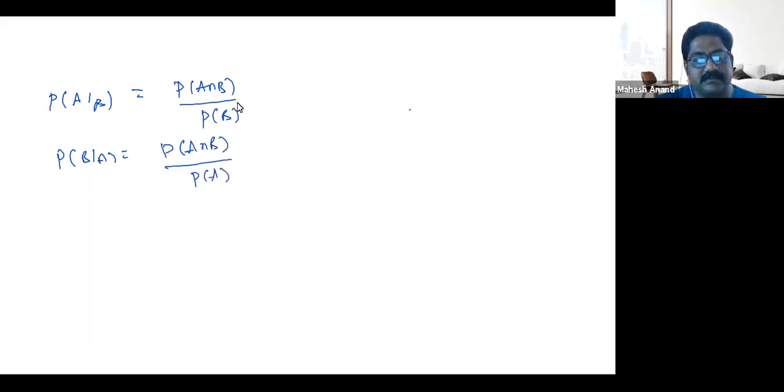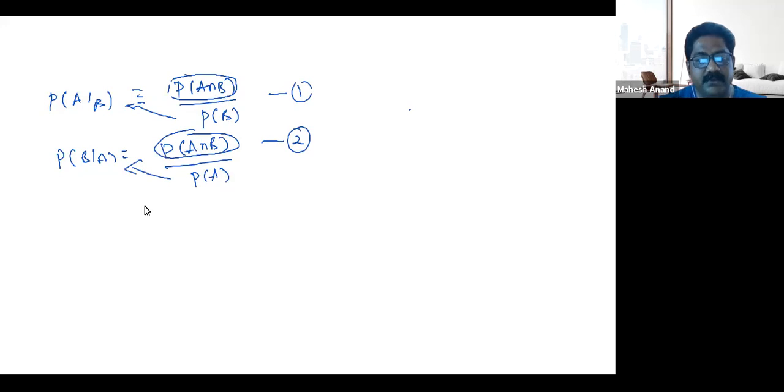P of A intersection B can be represented in two ways: one is A given B, another is B given A. Let me call this equation 1 and this equation 2. I'm going to equate P of A intersection B, taking the cross product and equating both equations.